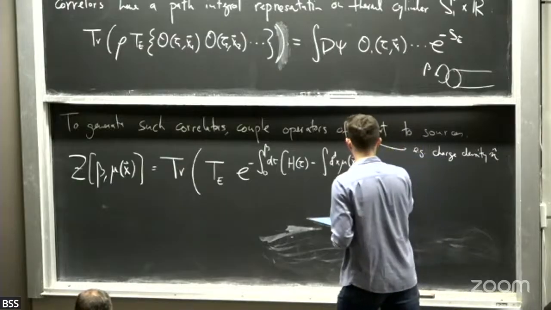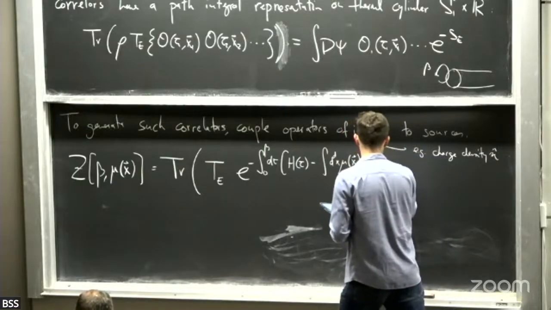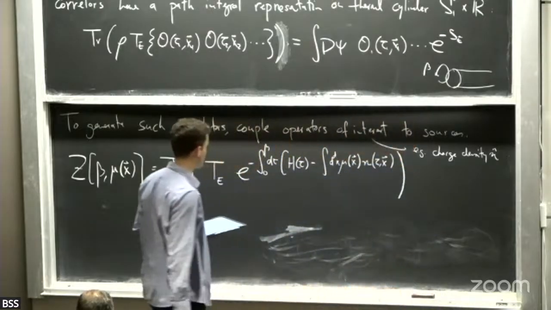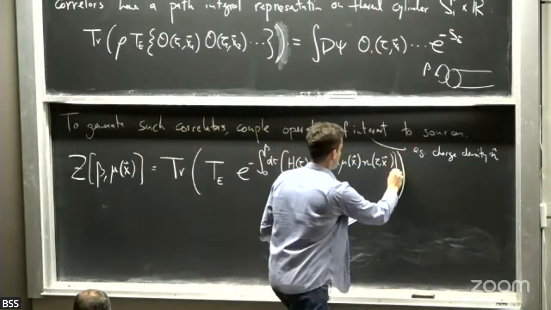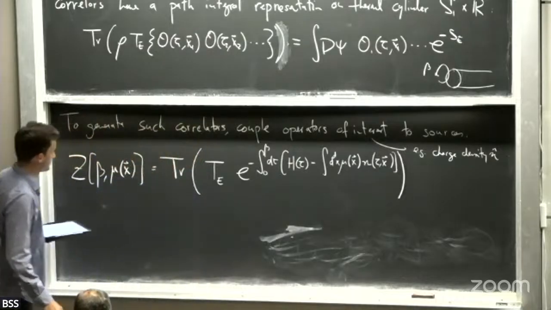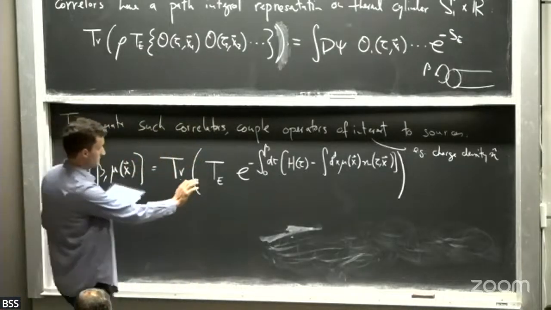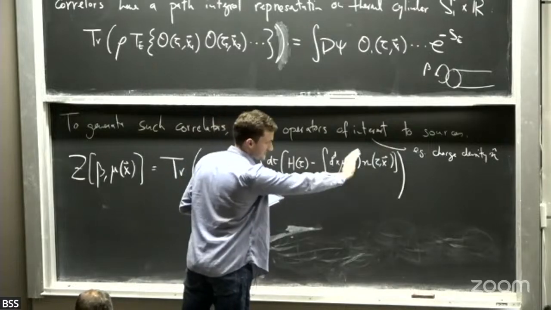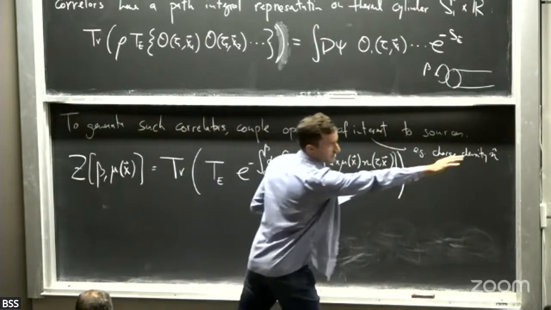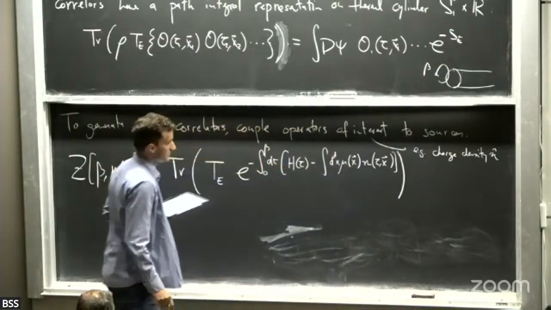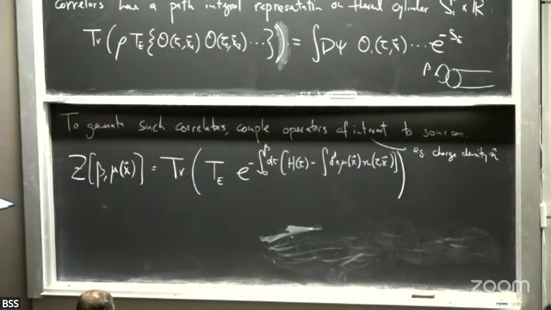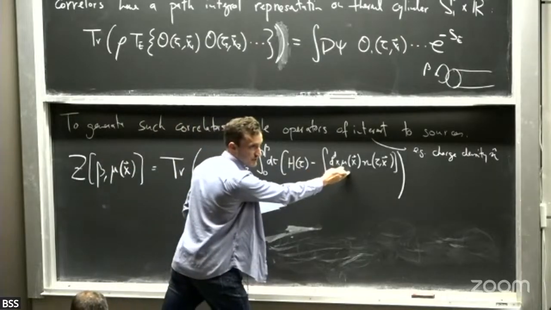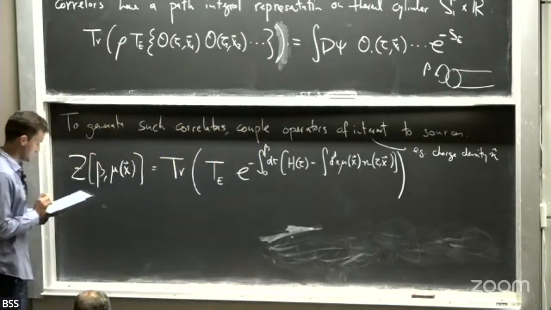We're doing equilibrium physics for now. So this is the generating functional. If I turn off this chemical potential, or if I just set it to be a constant, I'll recover the state we had before. But here now we have a more interesting object that depends on this mu of x function.